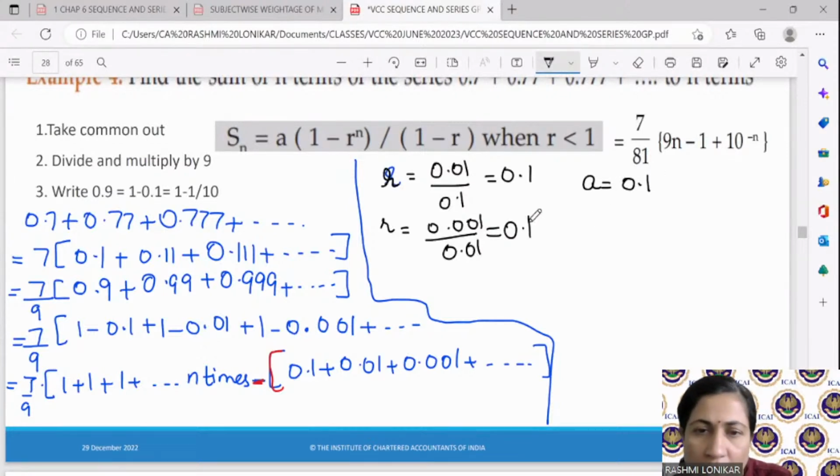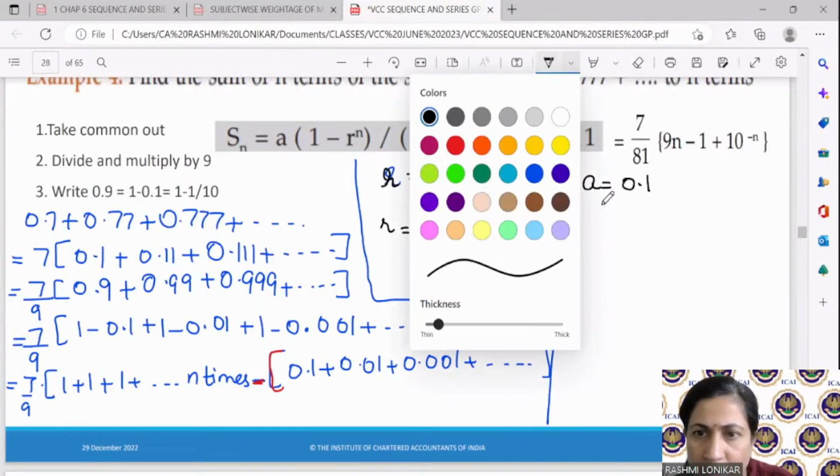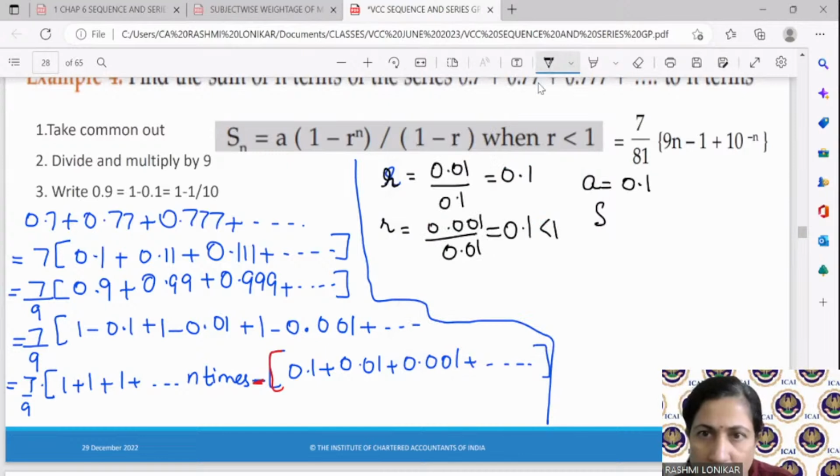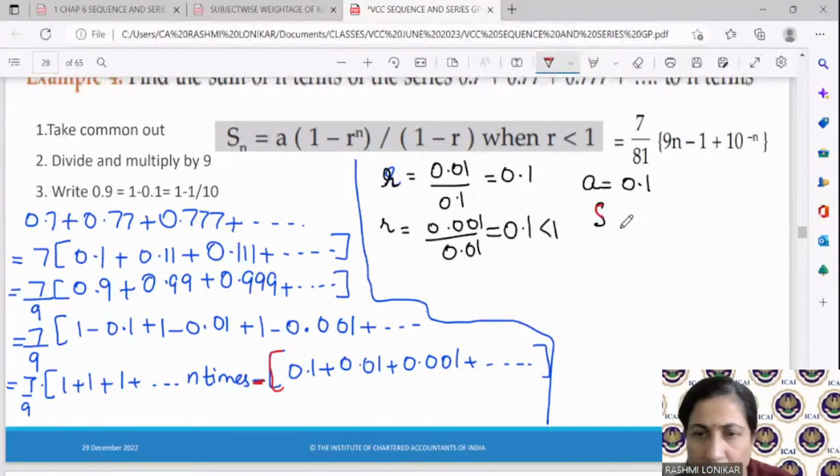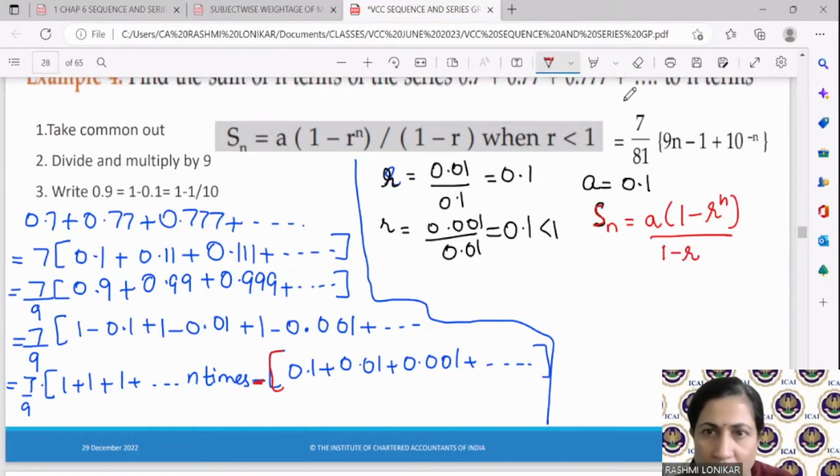So now this R, it is less than 1. So which formula am I going to use? Sn will be equal to A times 1 minus R raised to n upon 1 minus R, because R is less than 1. So I'm using this formula.